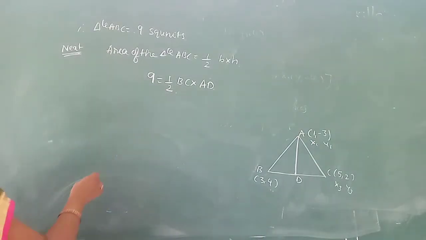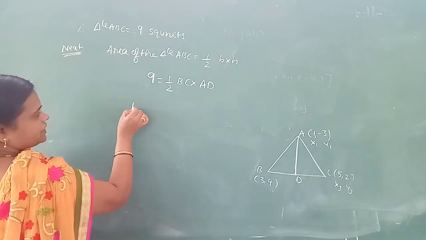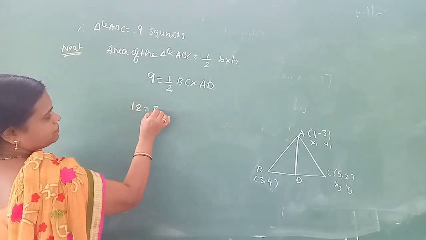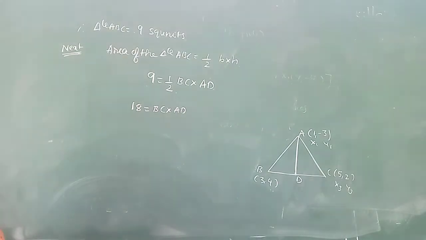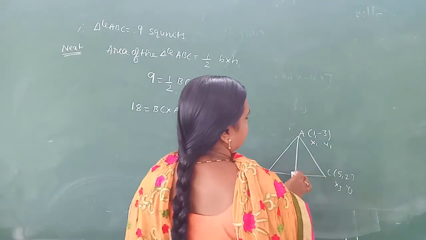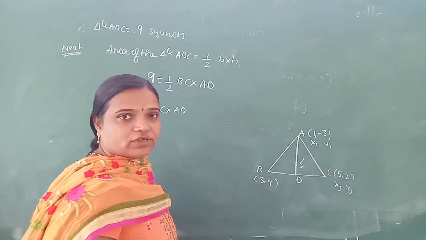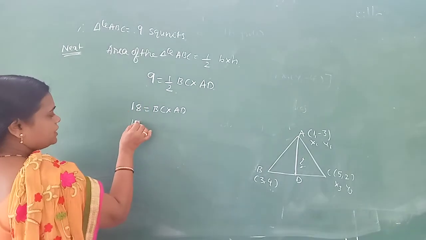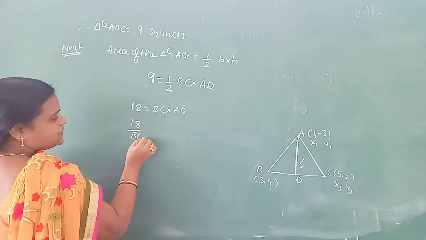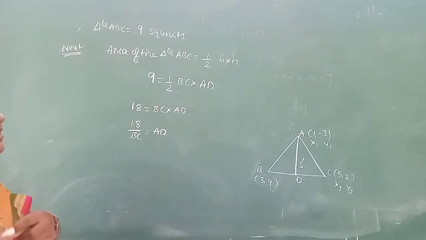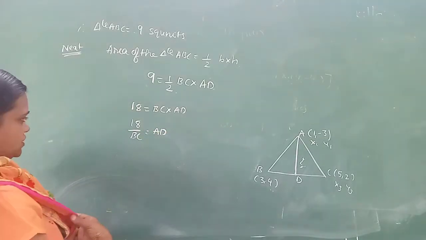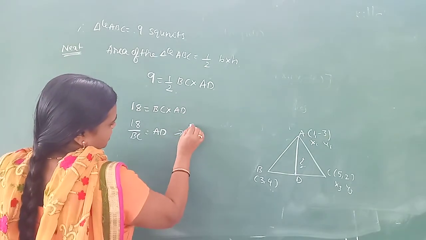And next, see, 9 into 2 cross multiply. 18 is BC into AD. Correct. But now we have to calculate the distance of AD. For that, 18 by BC is AD. So this is equation 1.